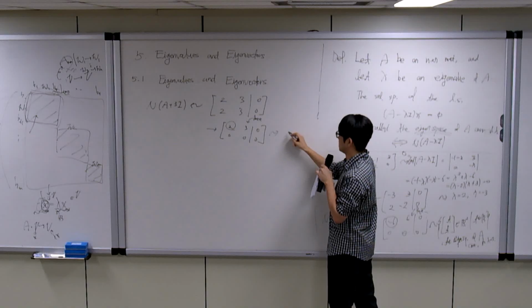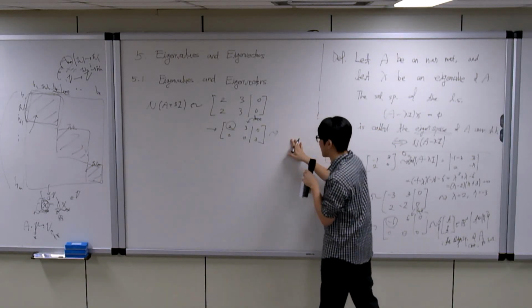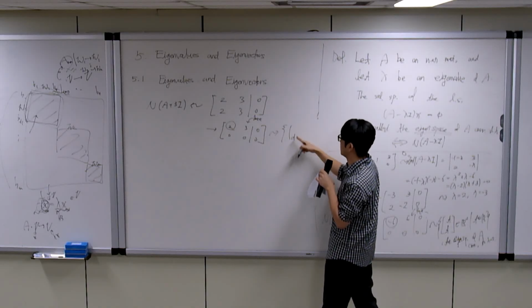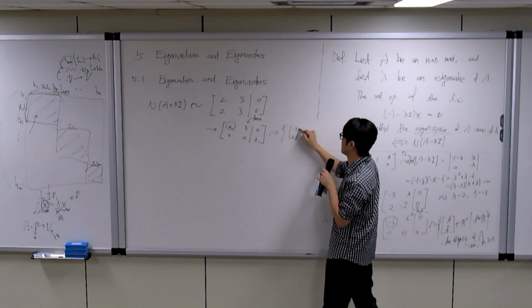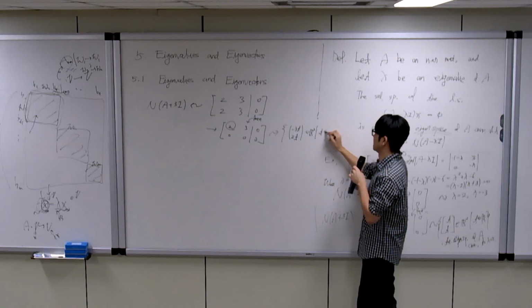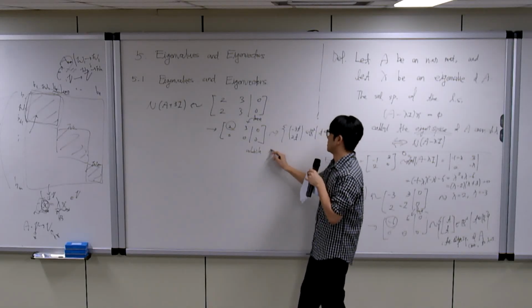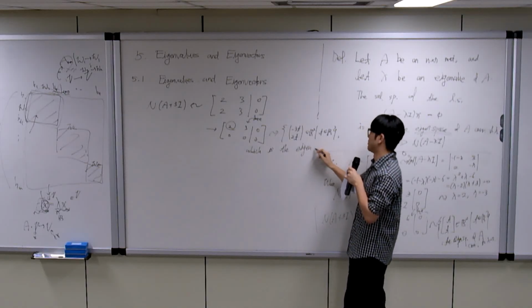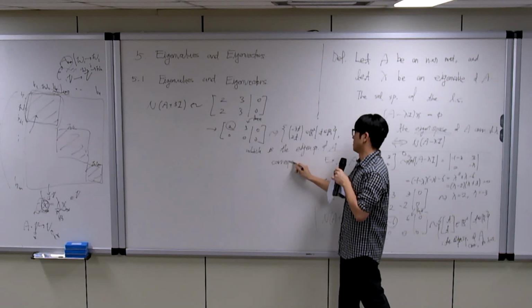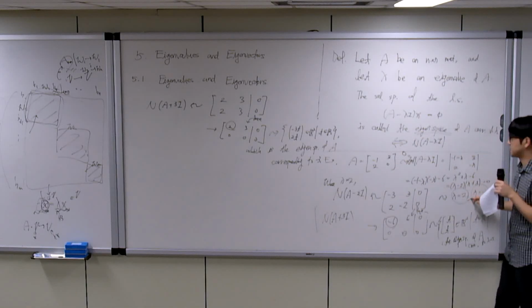So the eigenspace corresponding to minus 3 is the solution set of t, 2t, minus 3t. So we found all the eigenspaces of A.